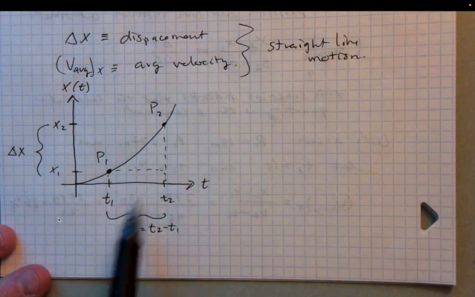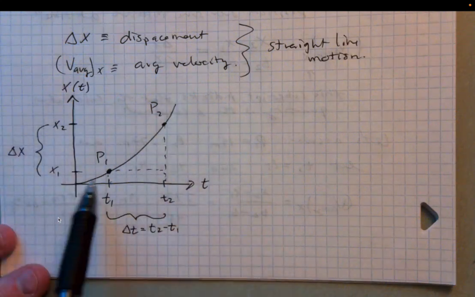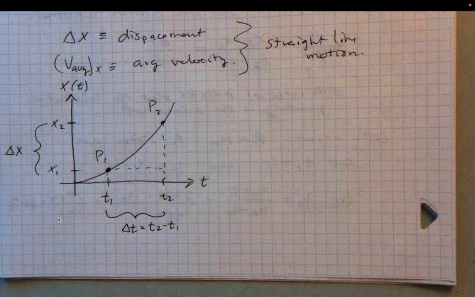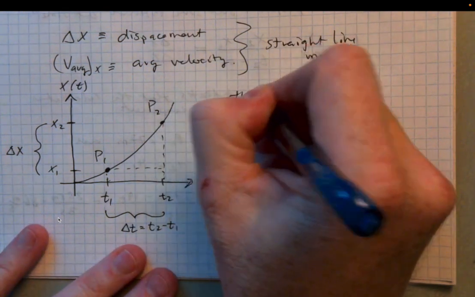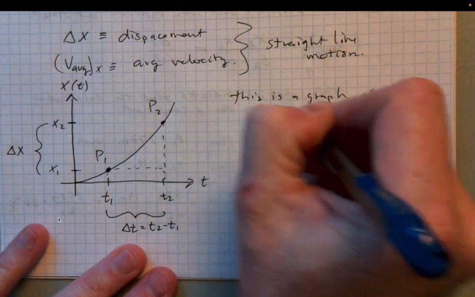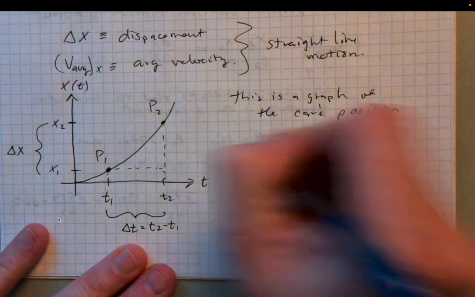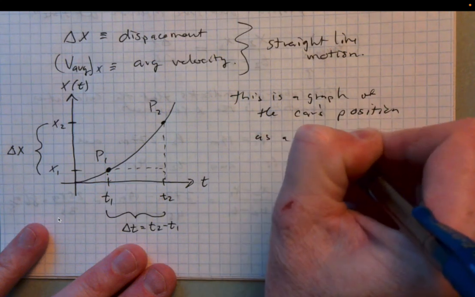We have to start thinking about position relative to time in this graphical way, because in the next lecture we'll get into instantaneous velocity, and this will be how we set that up. So this is a graph of the car's position as a function of time.